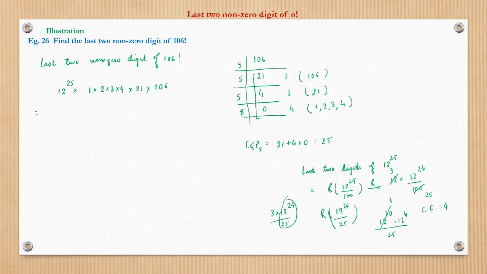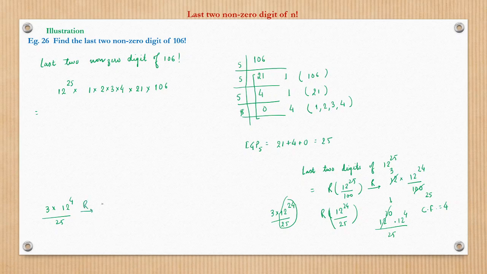So what remains is 12 raised to power 4. Basically this boils down to 3 into 12 raised to power 4 upon 25, this whole expression, because 12 raised to power 20 upon 25, the remainder is 1.